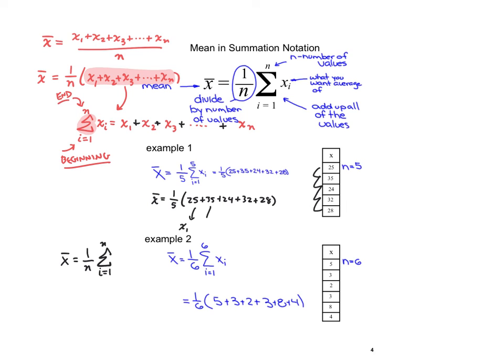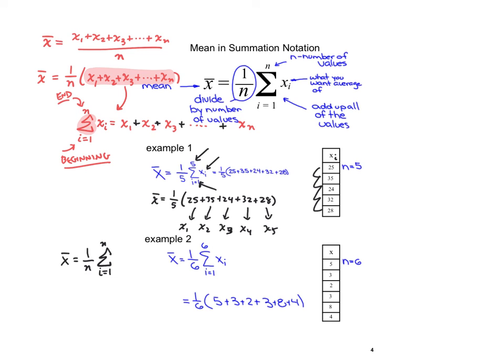There's our first test, 25. There's our second test, 35. There's our third test, 24. Fourth and fifth. So that's why I have this sum from 1 up to 5 of all of my x sub i's. This should really be listed as x sub i.